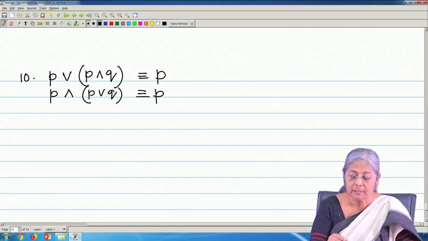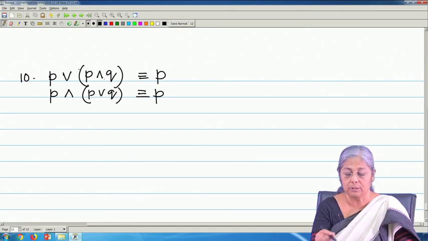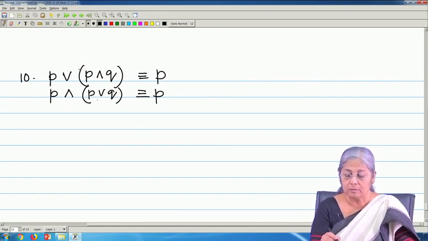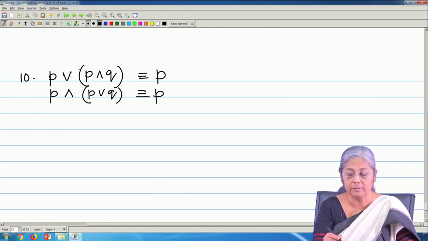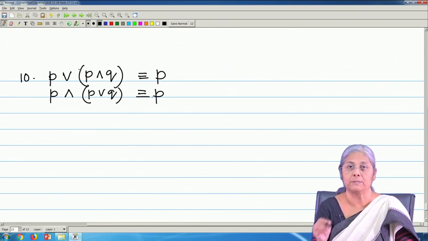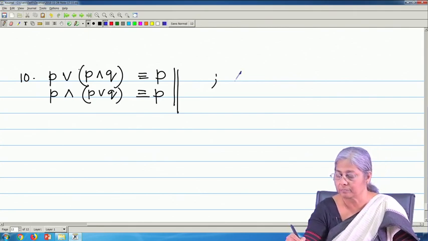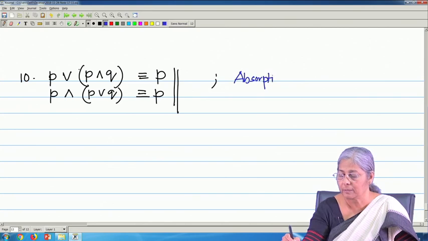See, here it is P or (P and Q), so whatever the value of P and Q, it will take the truth value of P. Similarly, for P and (P or Q), P or Q reduces to P, and then P and P is P. So, this is the rule of absorption.